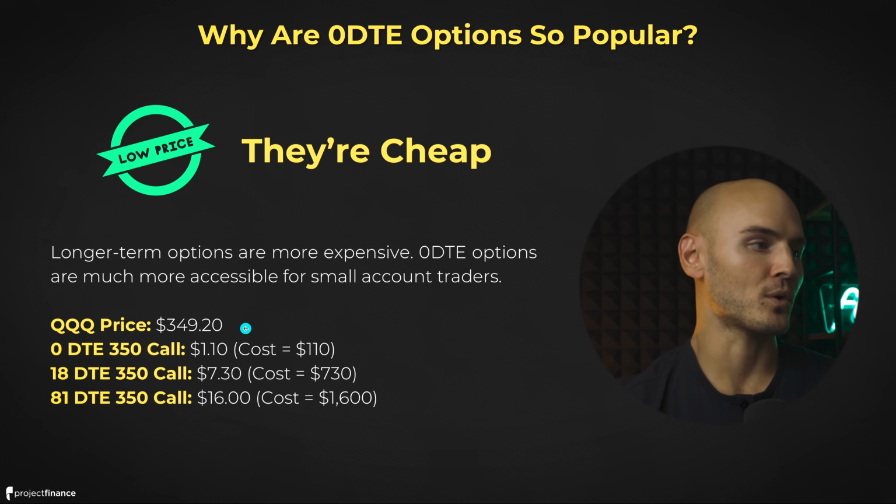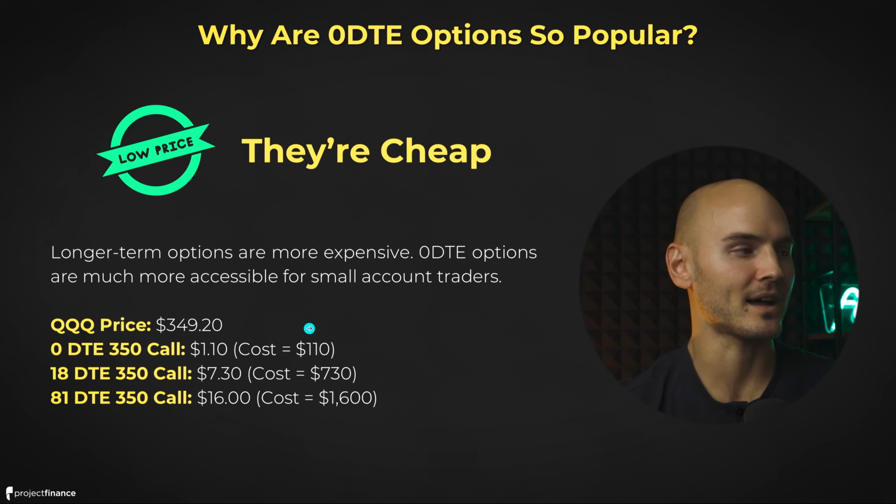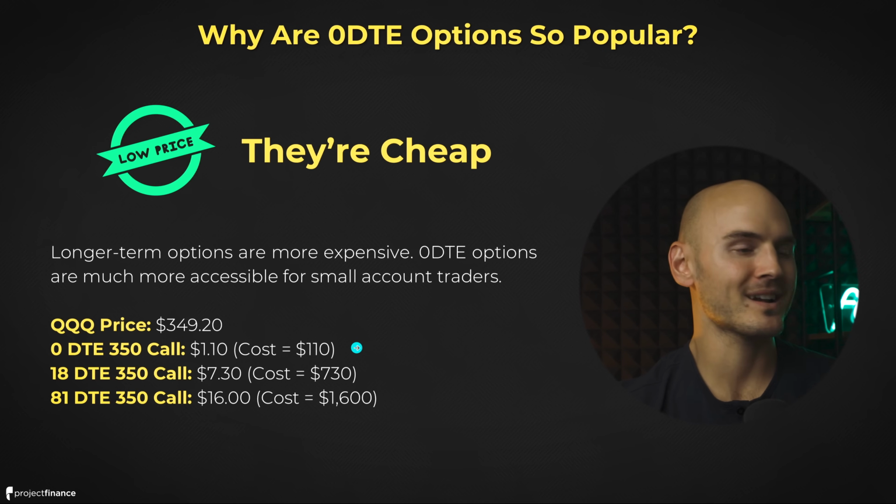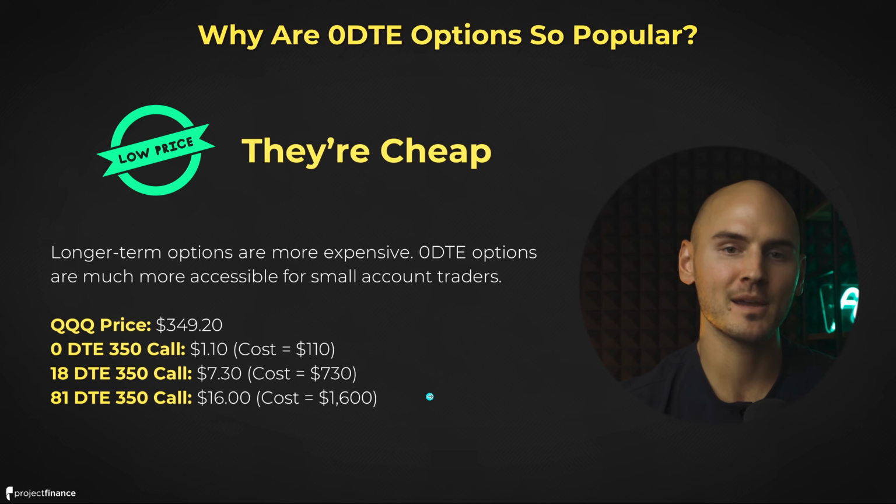This call was trading for around $1.10, meaning the entry cost is $110. The 81-day 350 strike call was trading for $16, or an entry cost of $1,600. So clearly we can see that these zero DTE or very short-term options are much cheaper and much more affordable than these longer-term options of the same type and strike price.